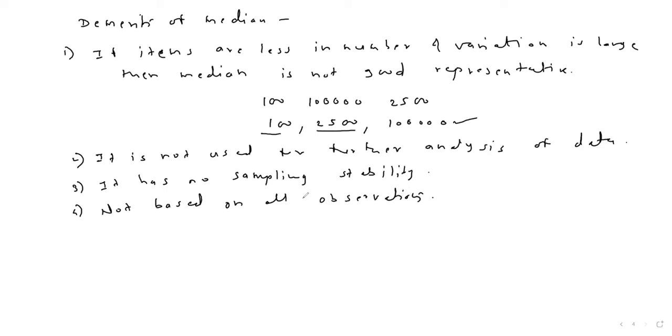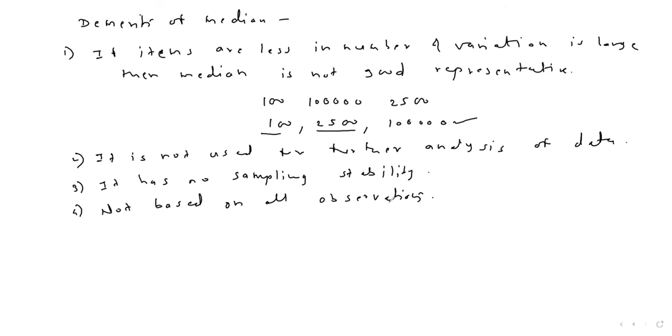Since for finding median, we are using only the middlemost item, and all other values, that is half of the values below the median item and half of the values above the median item, are not used for calculating the median. Hence, it is not based on all observations.